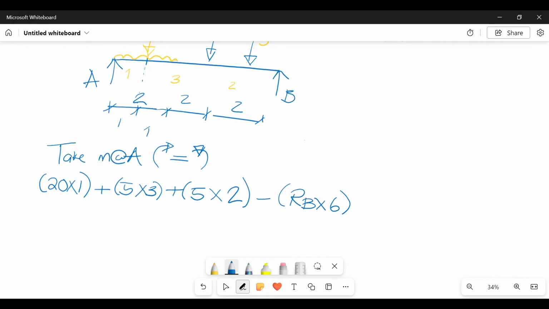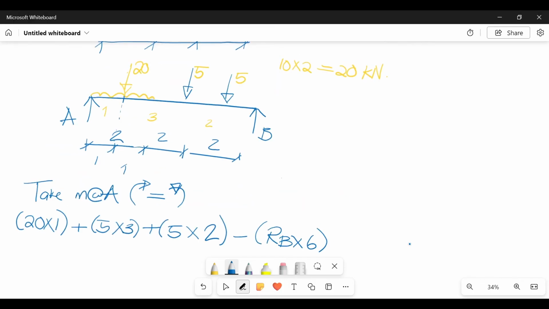Let's double check our distances. This should be 2 from the supports, and this should be 4, another 2 over there, then 1 and 1. So that times 1, 5 times 2 actually, not times 3.